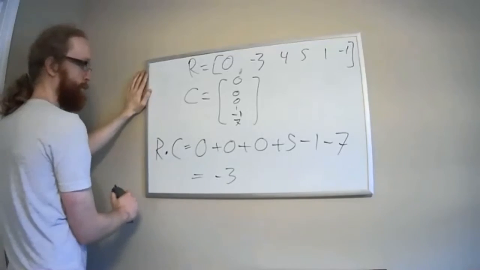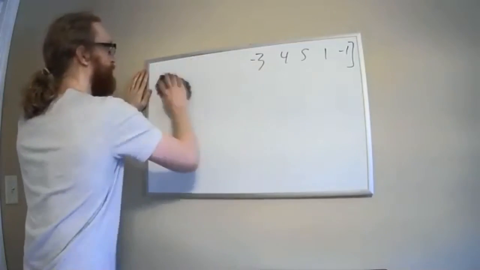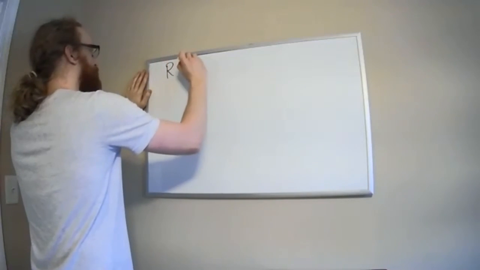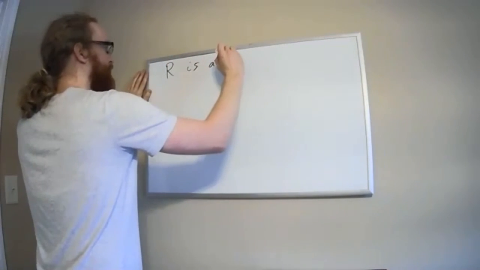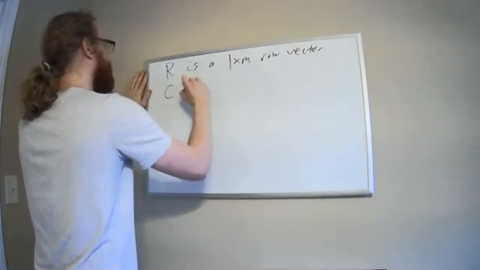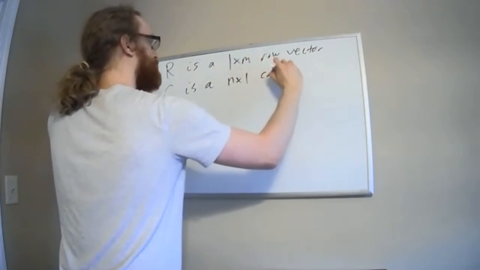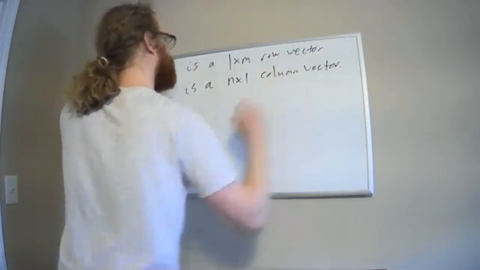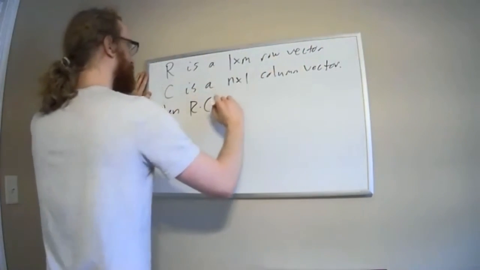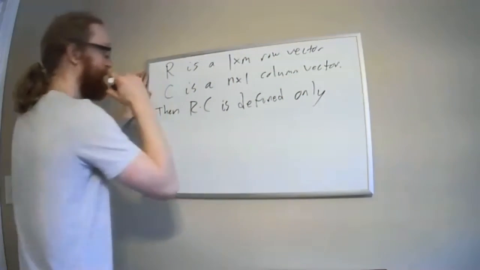Okay. So this is row times column vectors. And we should notice that the dimensions have to work out. So if r is a 1 by m row vector, and if c is an n by 1 column vector, then the only way that I can define this multiplication is if the dimensions match up.